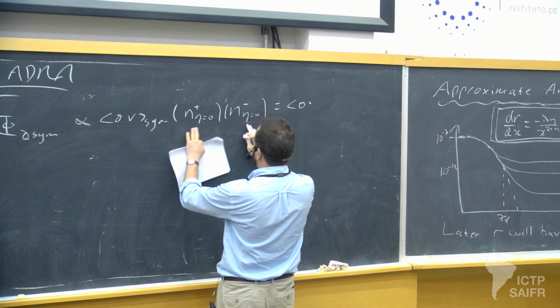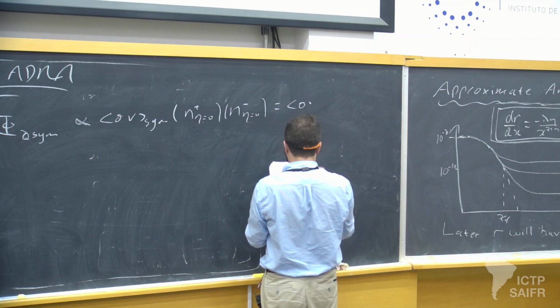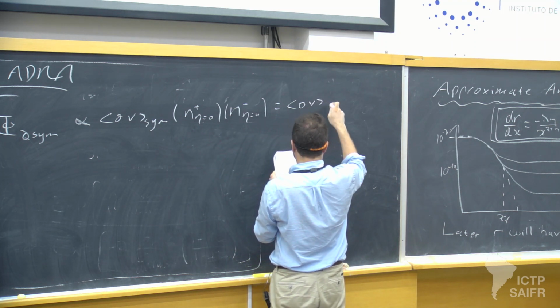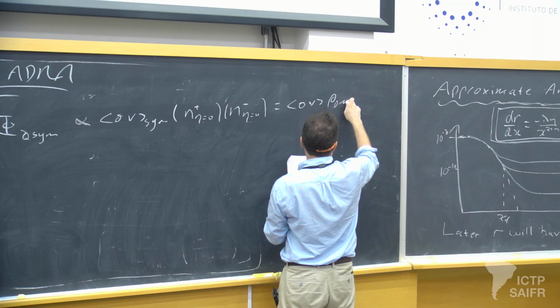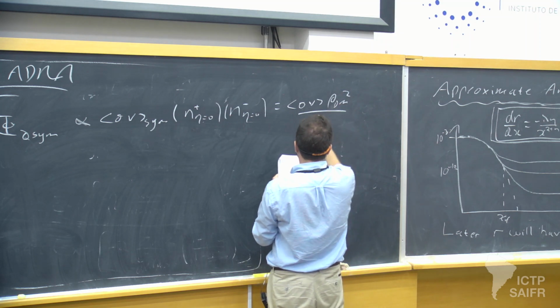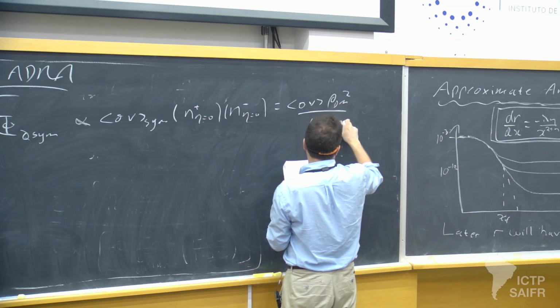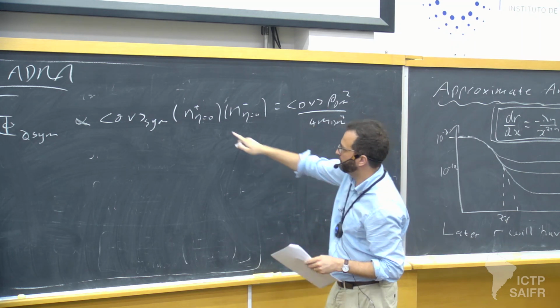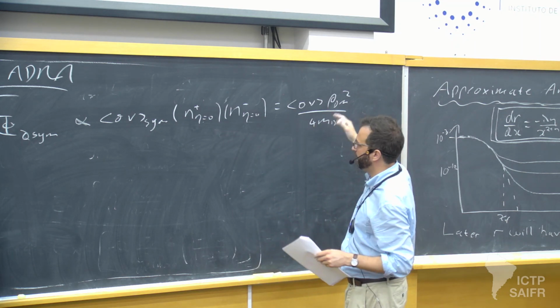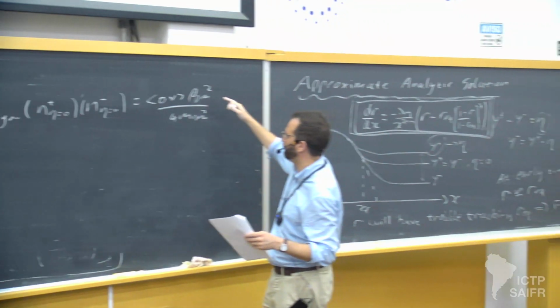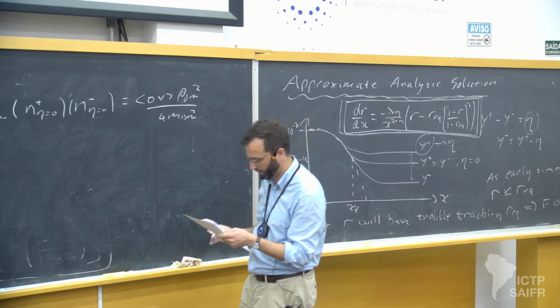These two by definition are equal, and this is equal to sigma v rho dark matter squared over 4 m dark matter squared. Each of these is half of the dark matter, so you get a factor of rho dark matter over 2 m dark matter for each.